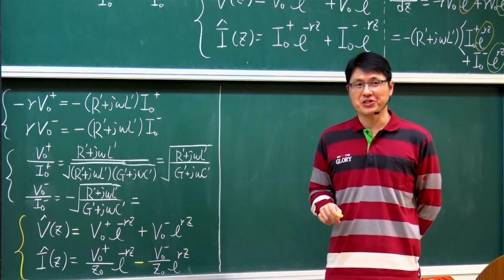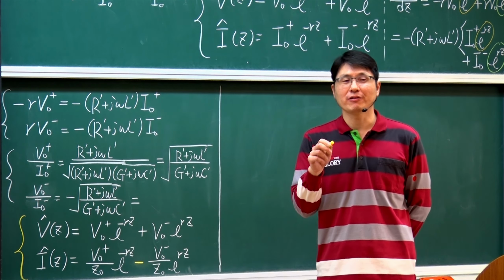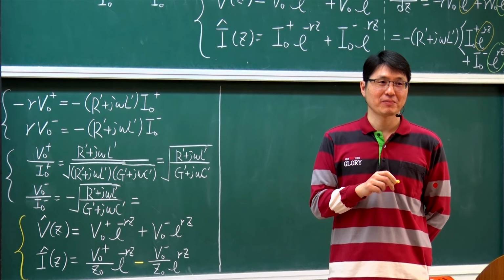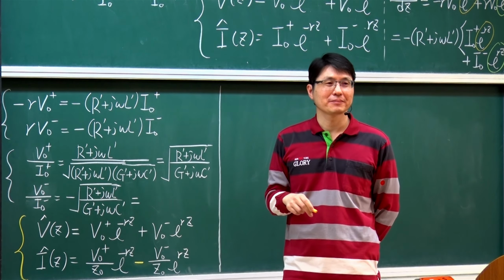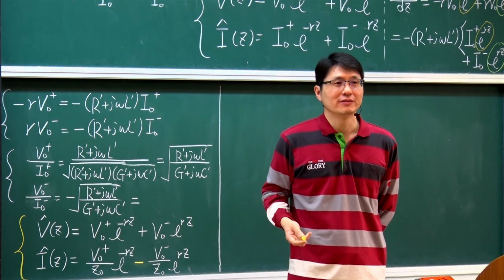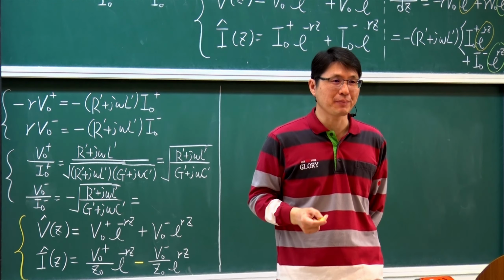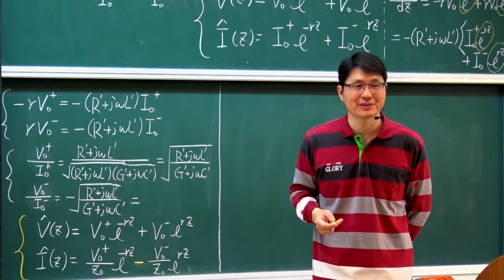Now the bigger question is, what about V0 minus divided by I0 minus? If they're equal, then we hit the jackpot. Eventually, after the derivation, remember, there is an additional negative sign, but the value is the same, only differing in the sign.